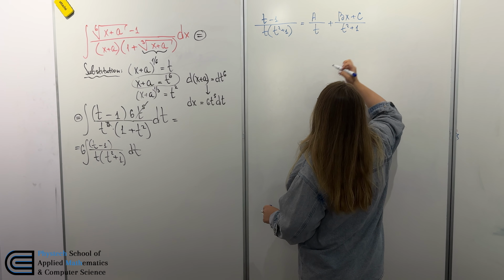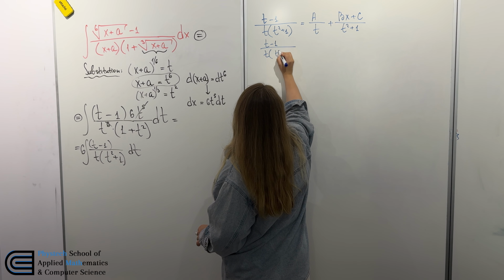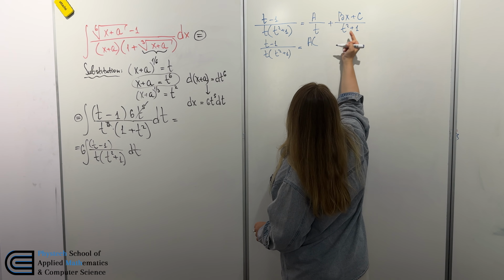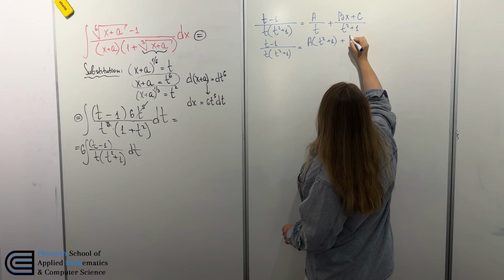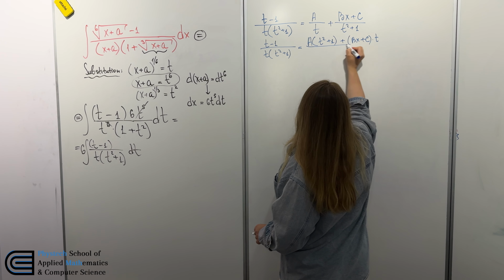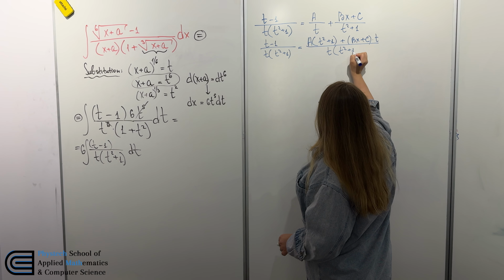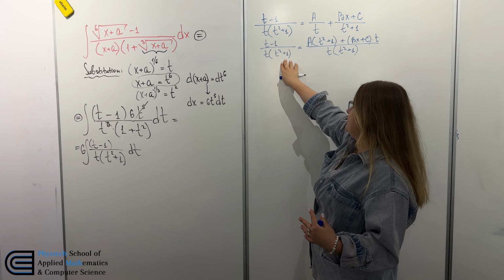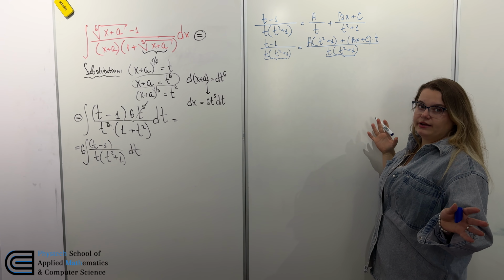And, of course, from here we obtain this line: a we need to multiply by t squared plus 1, and bt plus c we need to multiply by t, to have here the same denominator as here. And we can see that this denominator and this denominator are equal.